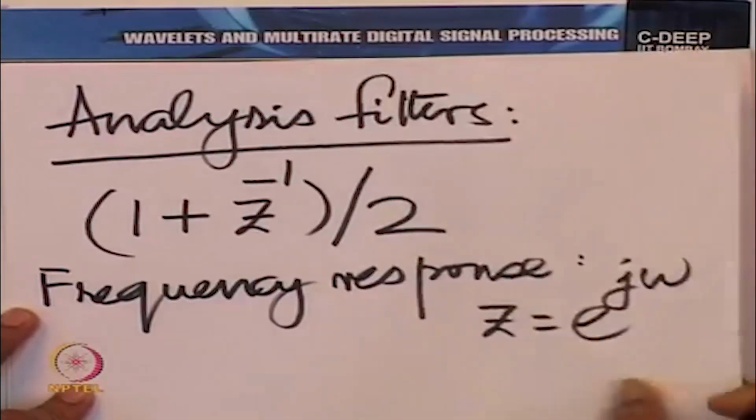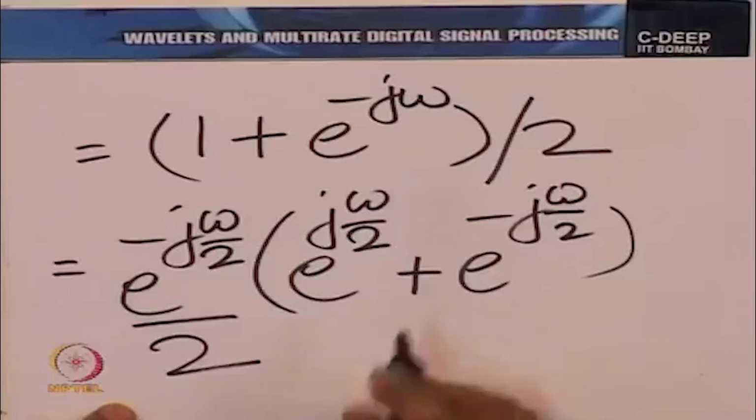That gives us (1 plus e raised to the power minus j omega) by 2, which we can simplify. We can take e raised to the power minus j omega by 2 common and put e raised to the power j omega by 2 plus e raised to the power minus j omega by 2 inside the bracket, and leave the half factor as it is. So, this is what we have here.